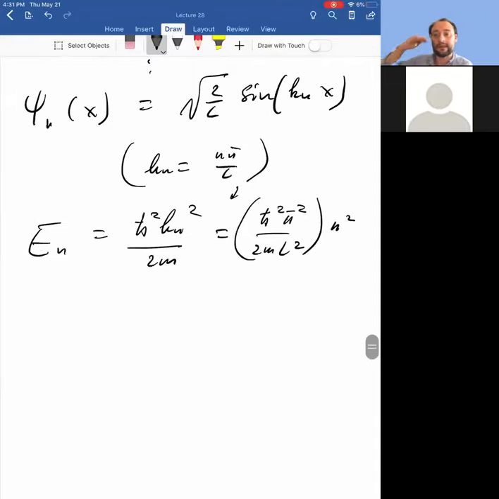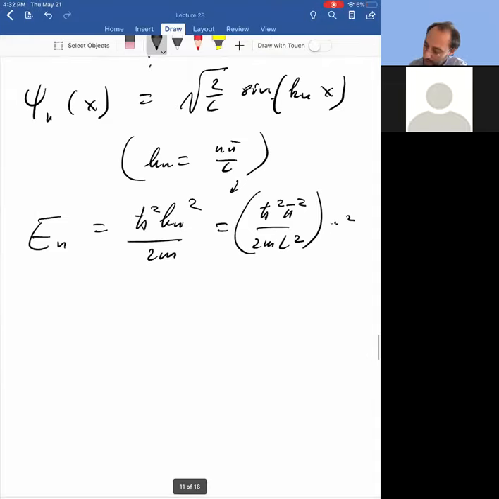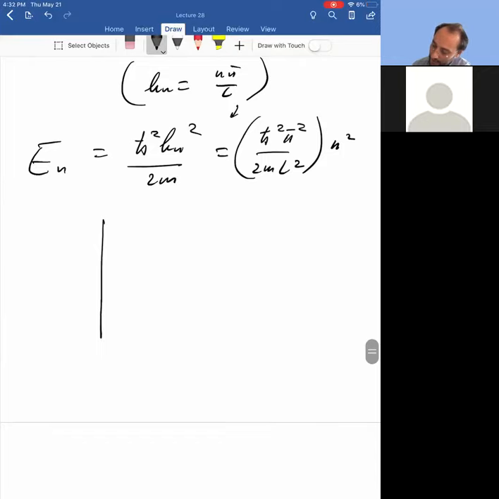So I get a ladder of energies. So here's my energy axis. And notice the first thing that you would notice: the first state, n equals 1, has energy E1, and the energy of the lowest mode is not 0.